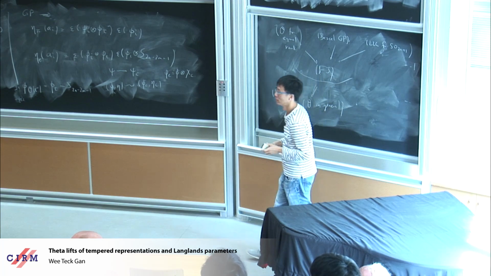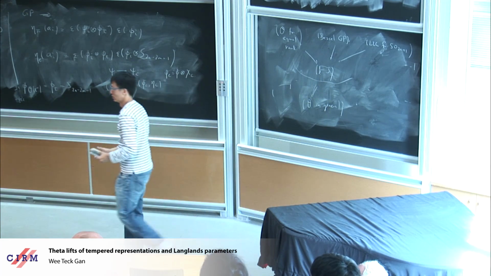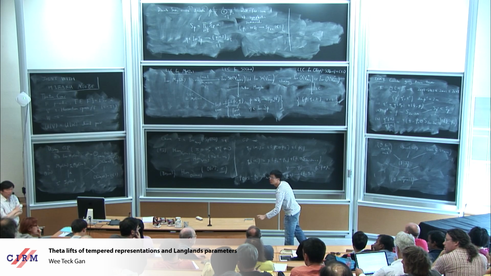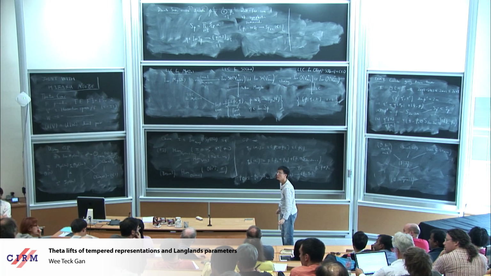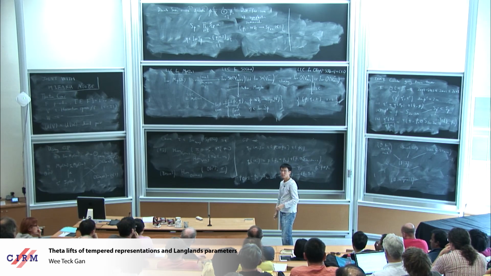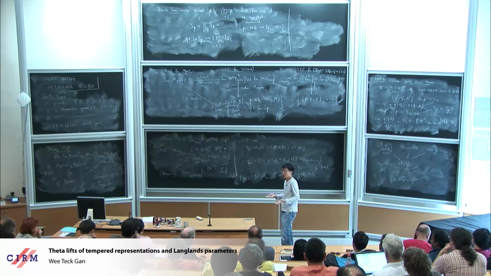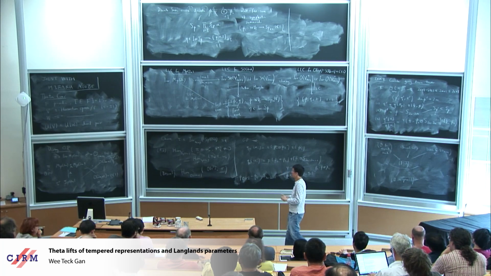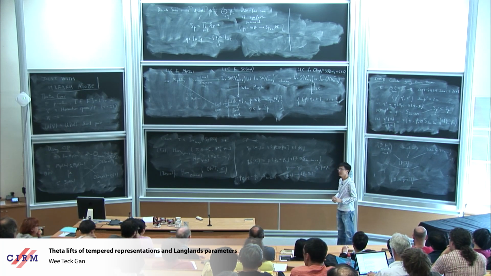Do you address this question only for generic representations? Is it because you want to use Gross-Prasad? Actually, I use tempered. I don't even do it for generic. No, it's not just because of Gross-Prasad. Gross-Prasad is proved for all generic parameters, not just tempered. But there are other reasons.